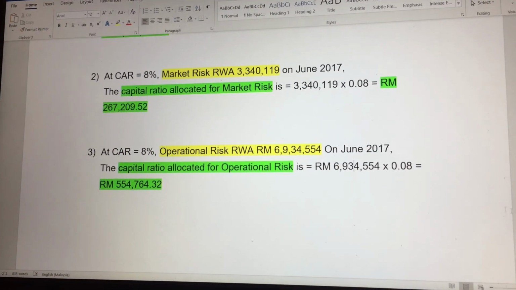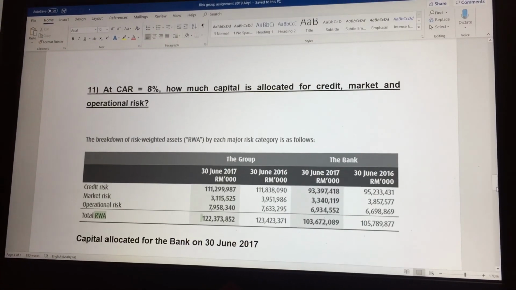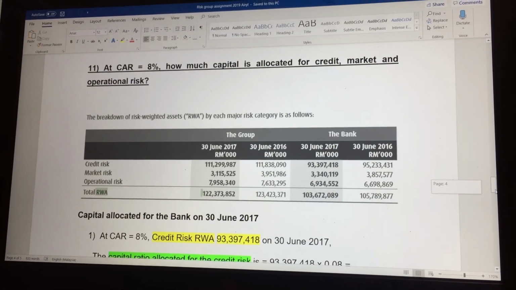So that's all. That's how you calculate the capital allocated for credit, market and operational risk.